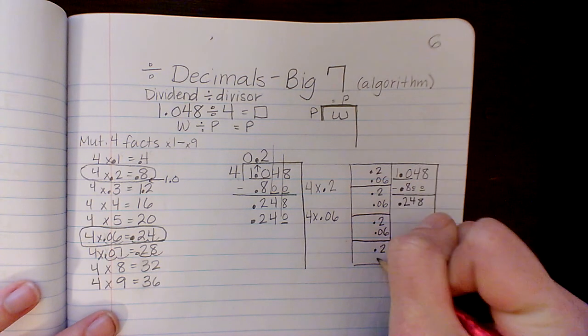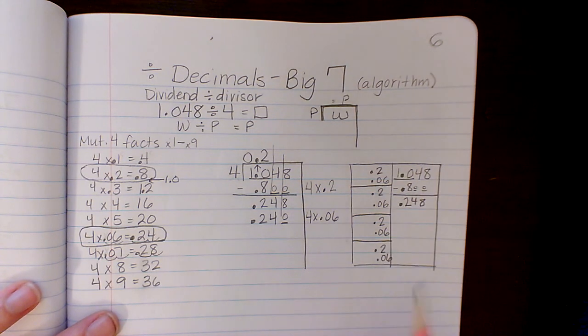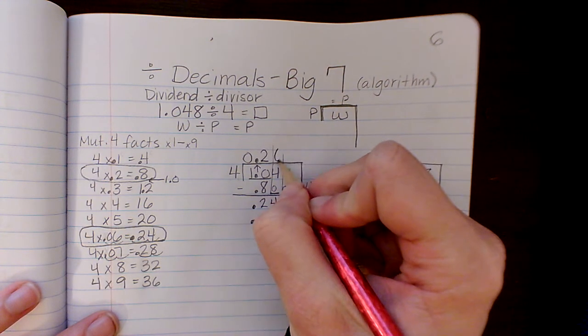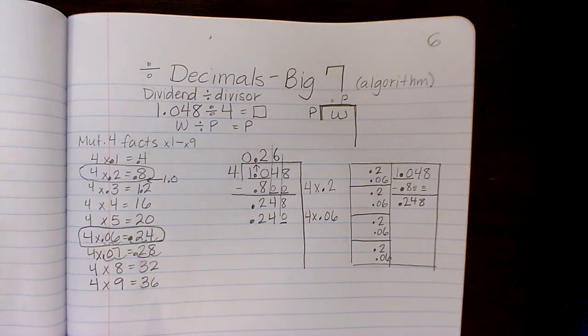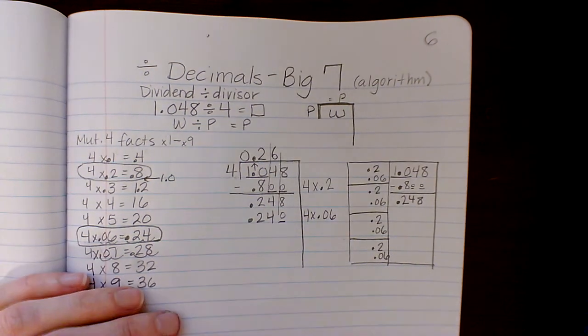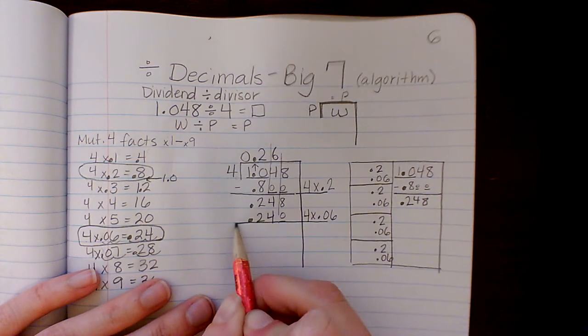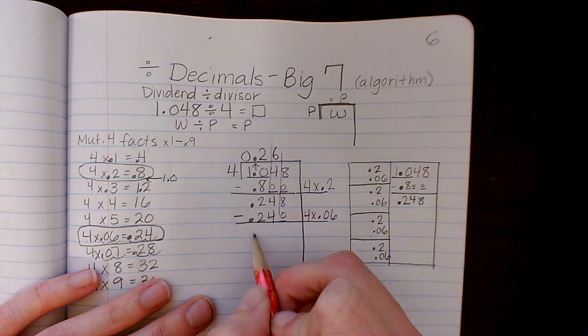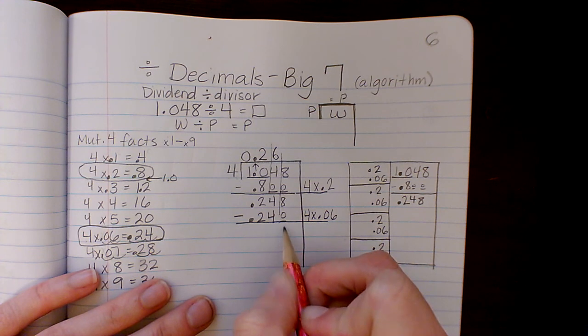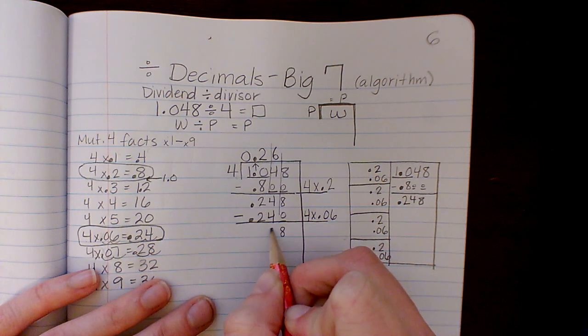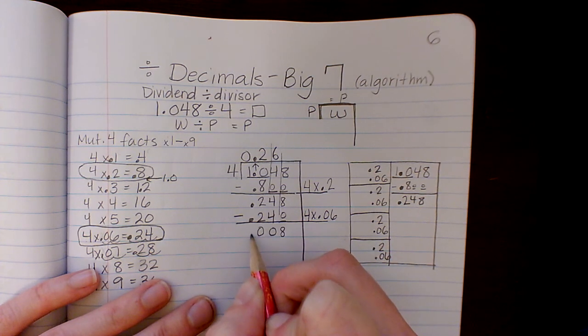So what I have in each group is 2 tenths plus 6 hundredths, which is 26 hundredths, right? 2 dimes and 6 pennies is 26 pennies. So what do I have left to distribute? So what I have left to distribute, I subtract. This would be 8 subtract 0 thousandths. 8, 0, 0 point. So I have 8 thousandths left.